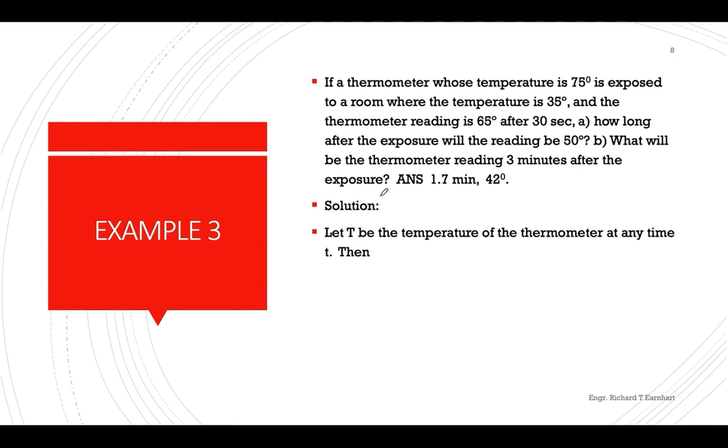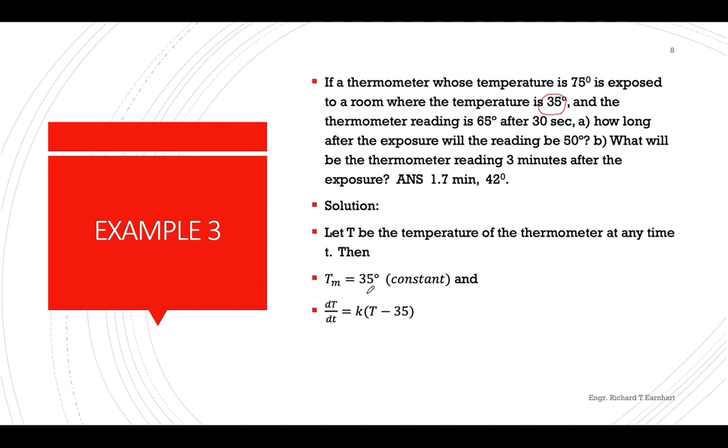Okay, so T denotes the temperature of the thermometer at any time t. Our constant temperature will be 35 degrees. So that will be the temperature of the room. So this remains constant at any time t, which is 35.